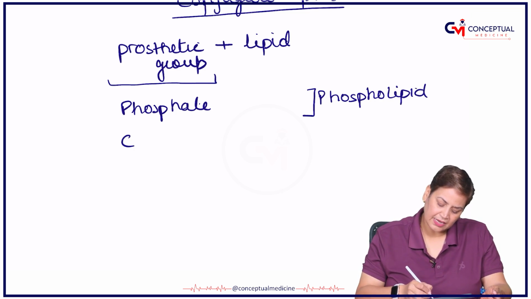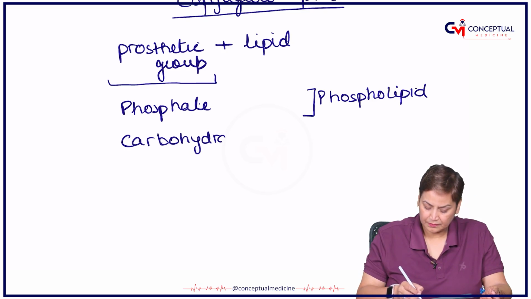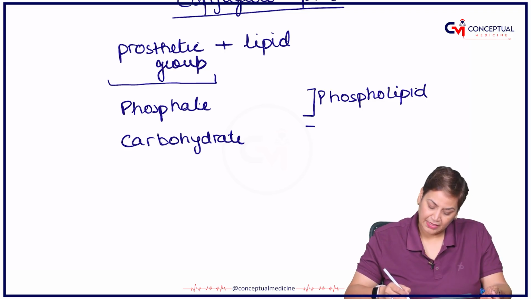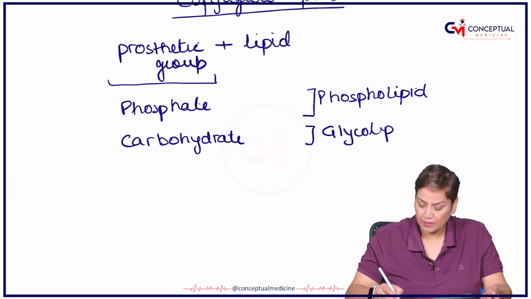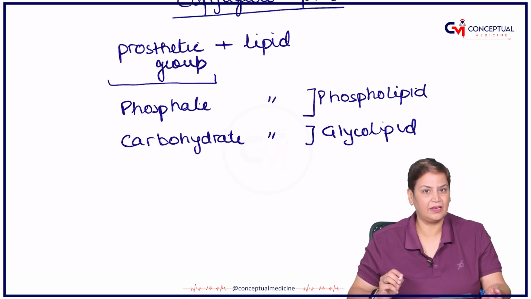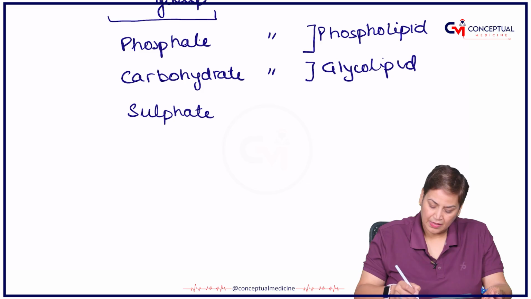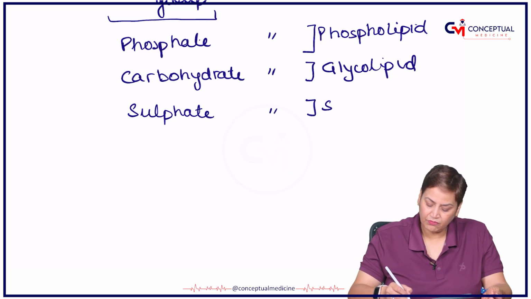If it is a carbohydrate, it will become a glycolipid. But here lipid will always be there. And if a sulfate is attached to it, it will be a sulfolipid.